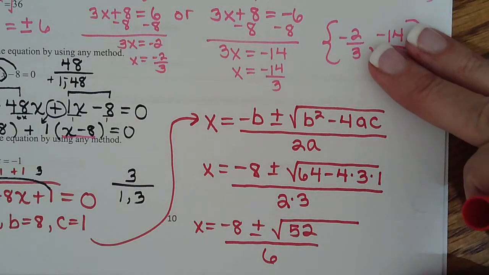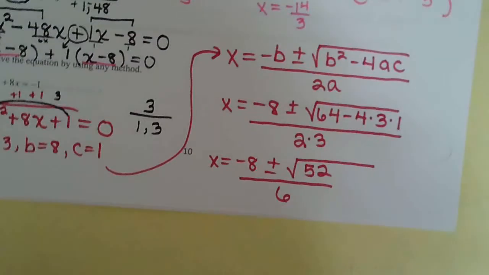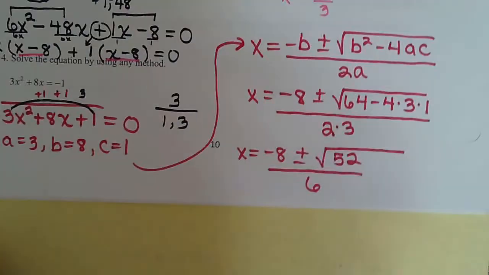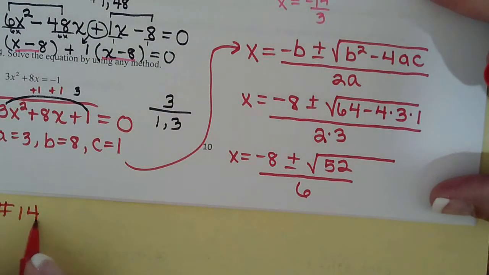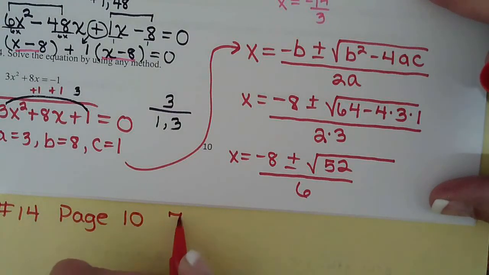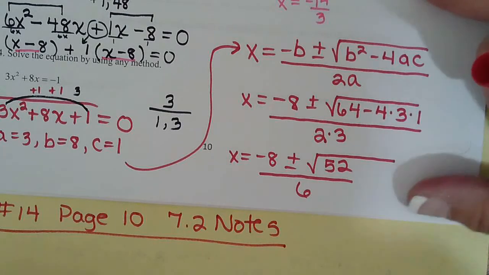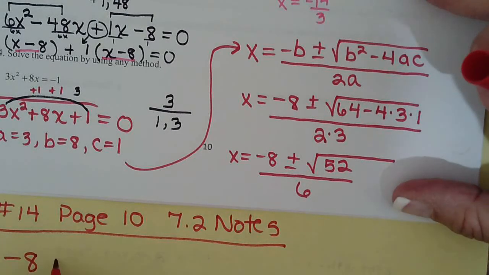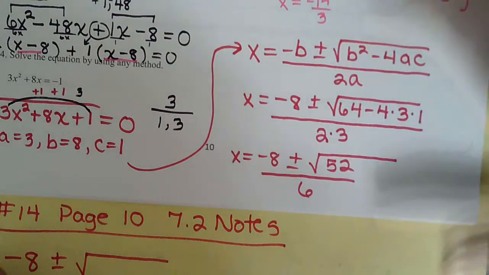So I think I'm going to go back to that other page. I don't like scrunching it all up there. So this is number 14, page 10, 7.2 notes. The final problem, finally. So -8 plus or minus, and I didn't do a tree for 52, I just kind of did it in my head.